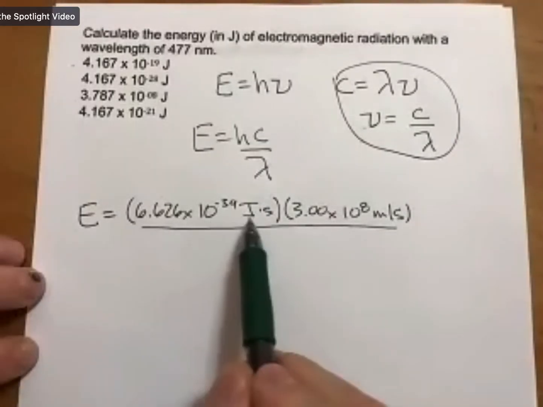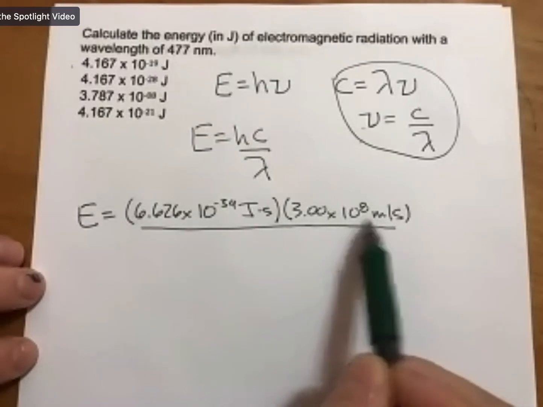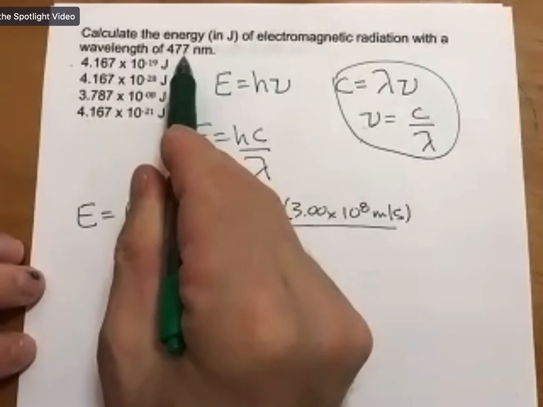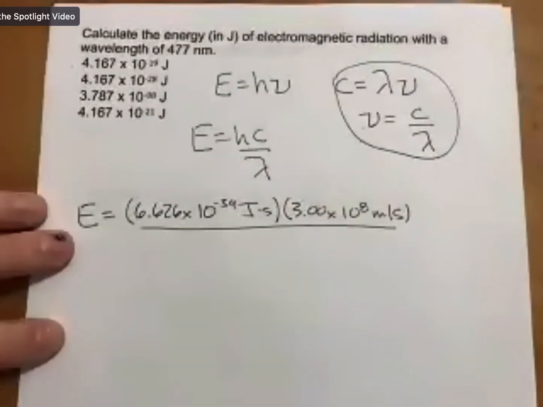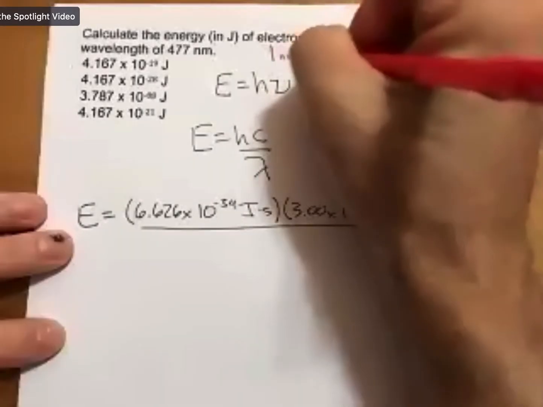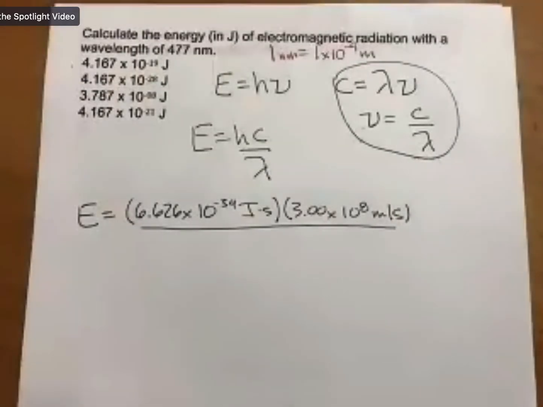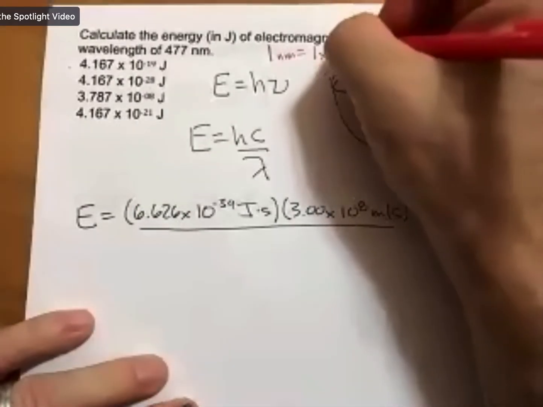Now, I have meters in my problem, but I have nanometers for my wavelength, so I do have to convert this into meters. We know that 1 nanometer equals 1 times 10 to the minus 9th meters. That's a minus 9 there.